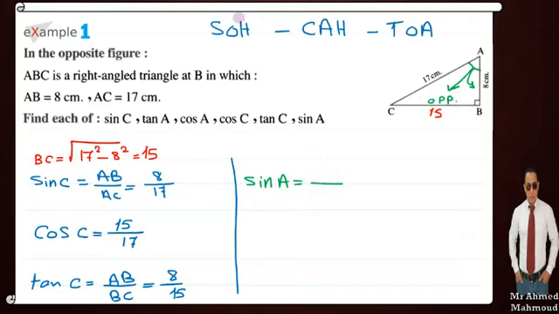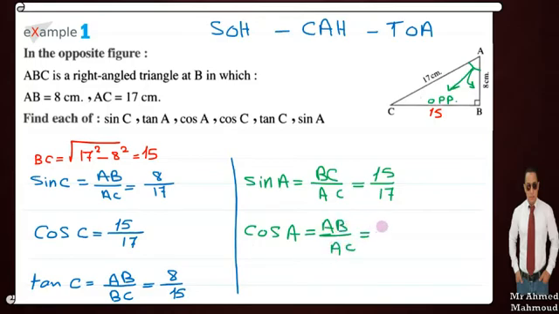Okay. Here I will start with sine A. Sine A, opposite over hypotenuse, then it will be BC over AC, which is 15 over 17, and this is also the simplest form. And cosine A equals adjacent over hypotenuse, it will be AB over AC, equals 8 over 17.